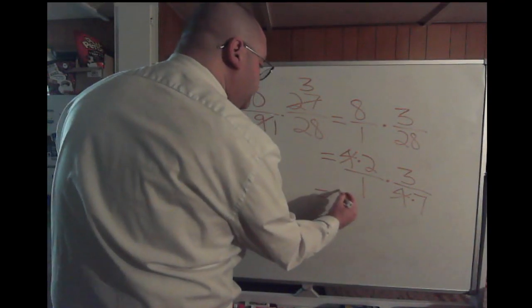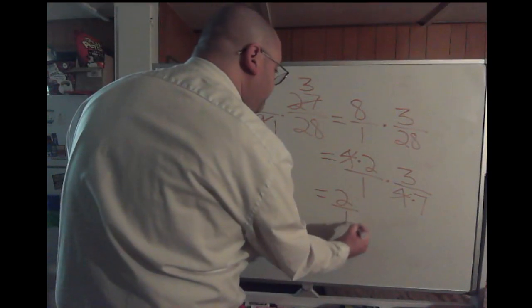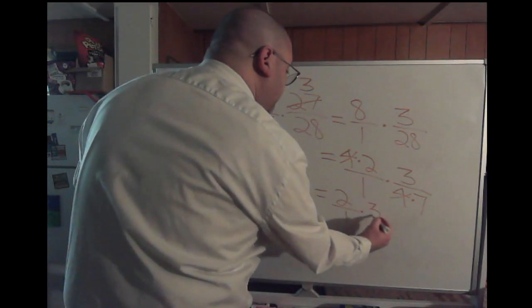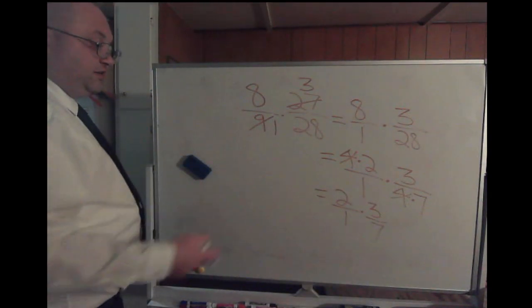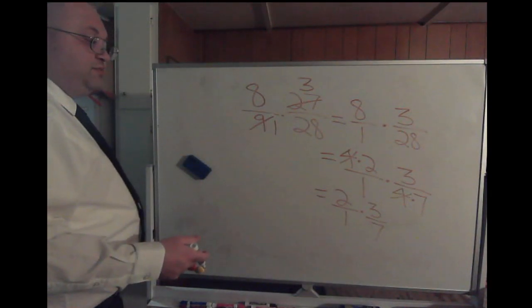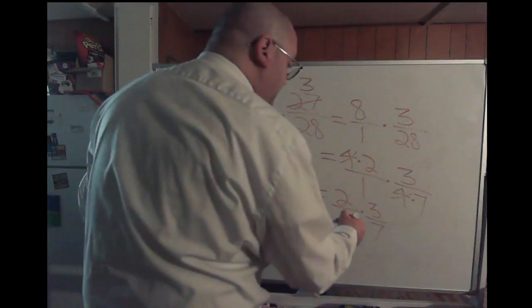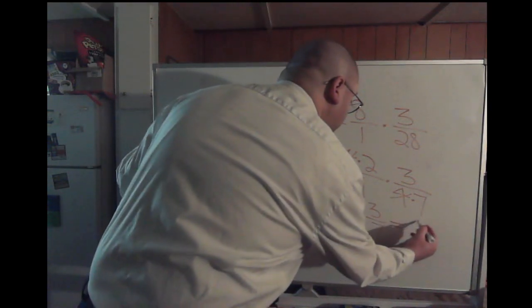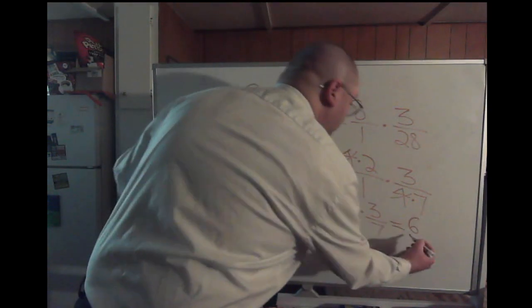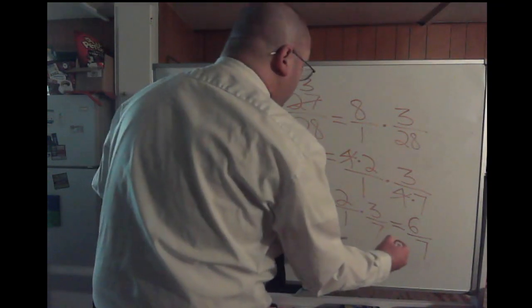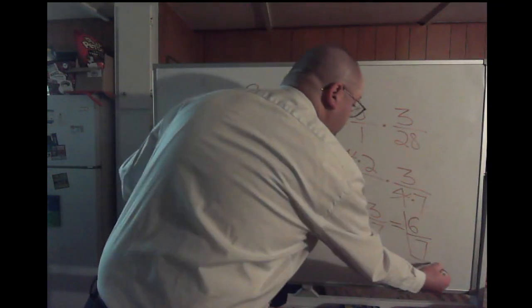What you're left with is 2 over 1 times 3 over 7. And then we see it's clearly reduced, so now all you have to do is multiply the numerator and denominator. 2 times 3 is 6, 1 times 7 is 7. So the fraction you're going to get here is 6 sevenths.